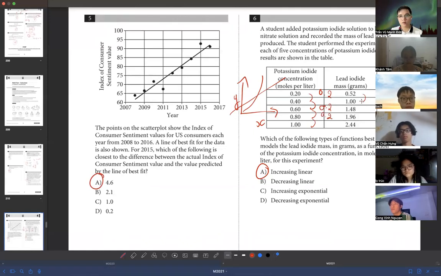And this one also rises by a constant, 0.48 every single time. So this is most likely linear, and it doesn't decrease, so A, right?